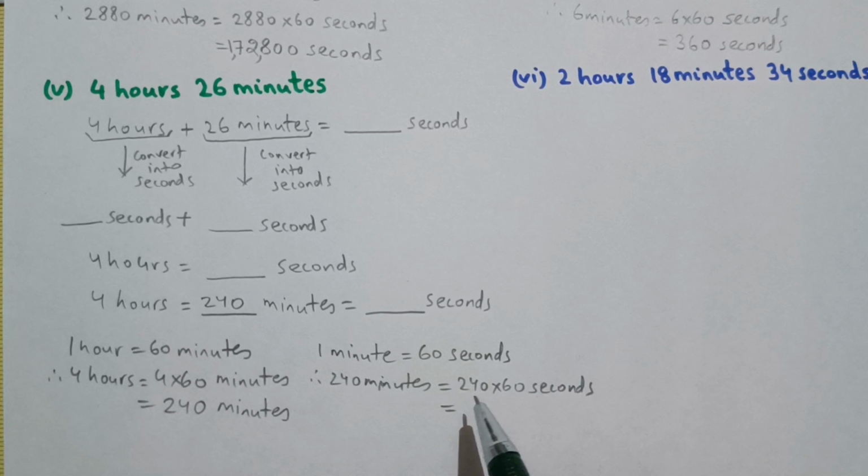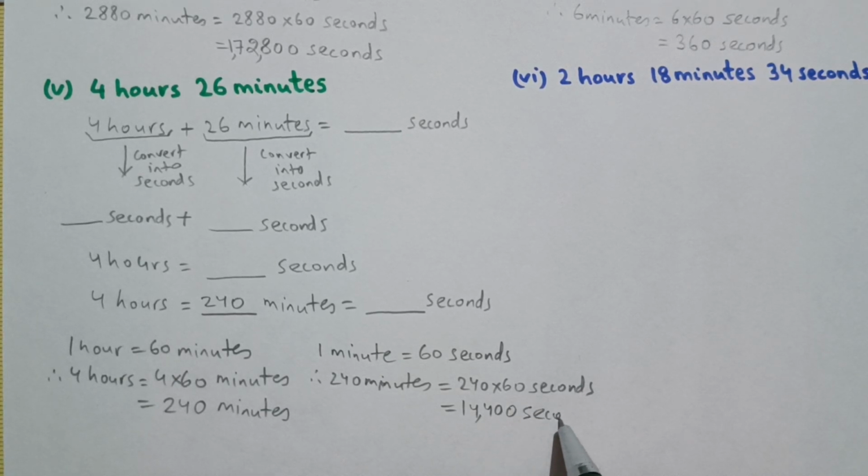So 24 into 6: 6 into 4 is 24, carry forward 2. 6 into 2 is 12, 12 plus 2 is 14. So 24 into 6 is 144. And then add these two zeros at the end. So it is 14,400. So 240 into 60 is 14,400 seconds.